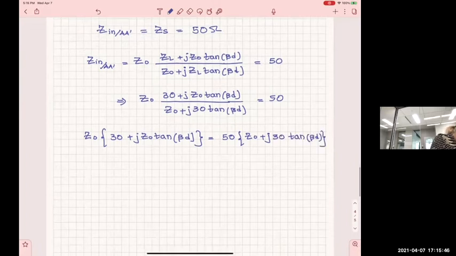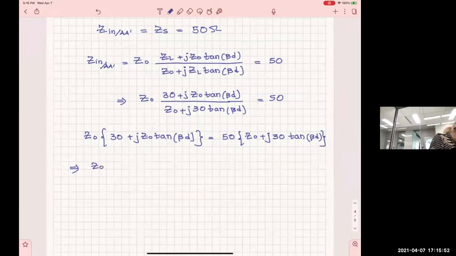All right, so then I separate the real parts and the imaginary parts, and I have Z naught times 30 has to be 50 times Z naught, which is not possible, obviously, but let's see, we'll understand why.